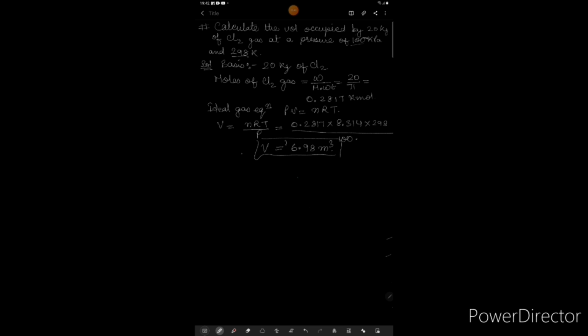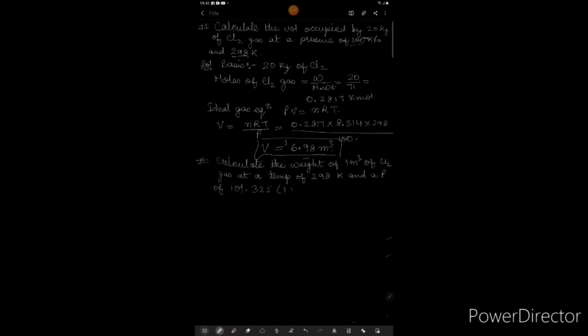Next problem. Calculate the weight of 1 meter cube of chlorine gas at a temperature of 298 Kelvin and a pressure of 101.325.